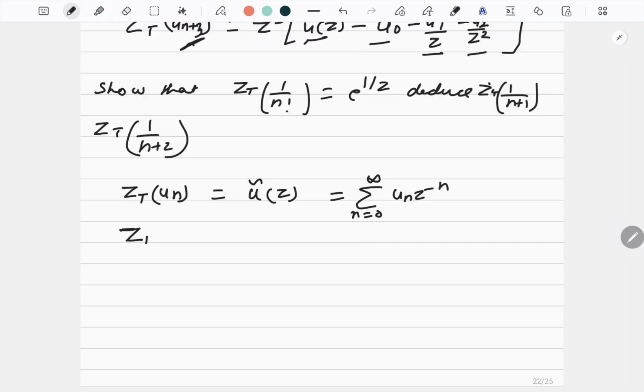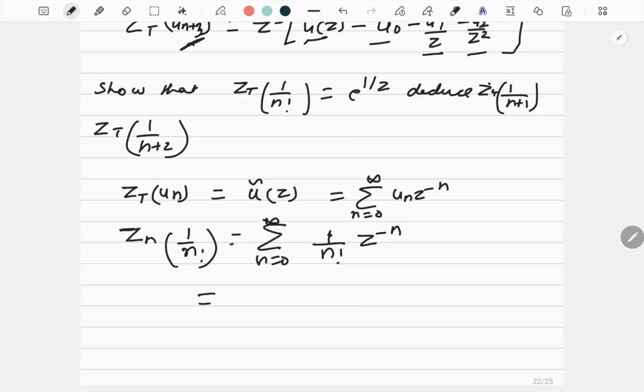So now the Z transform of 1 upon n factorial. You write down the definition, you apply the basic definition. So it is summation n equals 0 to infinity of 1 upon n factorial z to the power minus n.